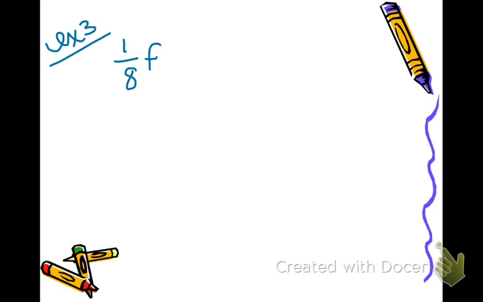1/8 of f is less than or equal to negative 28. So we learned yesterday that when we want to undo multiplication, we can divide, and in this case, since it's a fraction, multiply by its reciprocal. Notice that what I'm multiplying, this 1/8, was a positive number. Since I'm multiplying by a positive number, I keep the symbol.